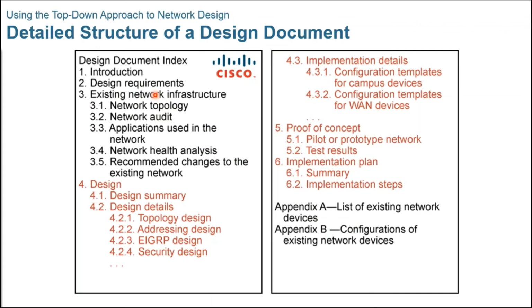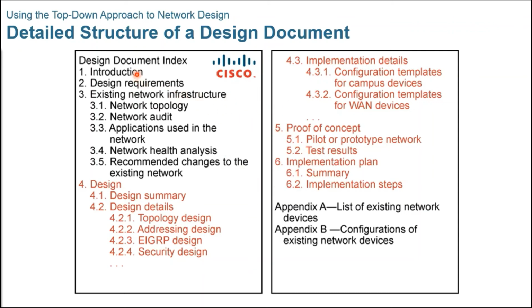Documenting the design. A design document lists the design requirements, documents the existing network and the network design, identifies the proof of concept strategy and results, and details the implementation plan. The final design document structure should be similar to this diagram, which includes the following.